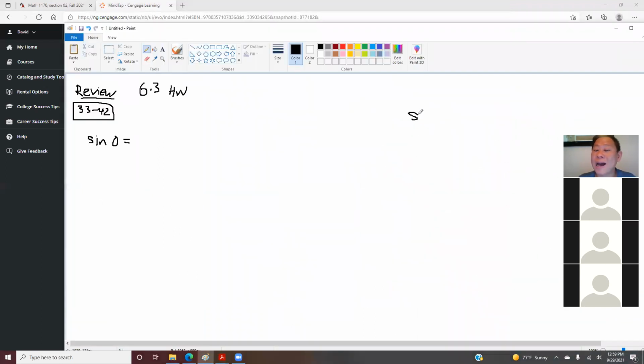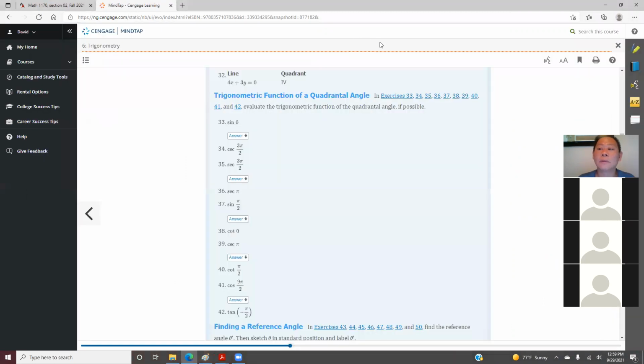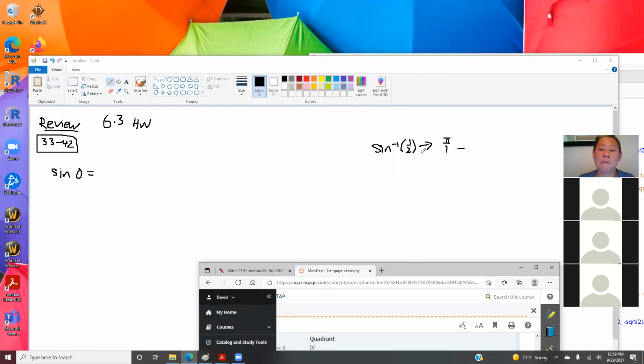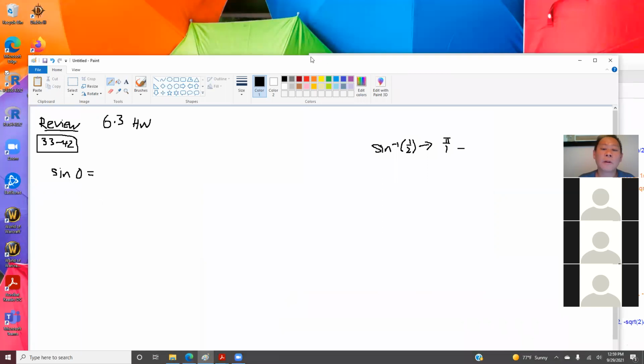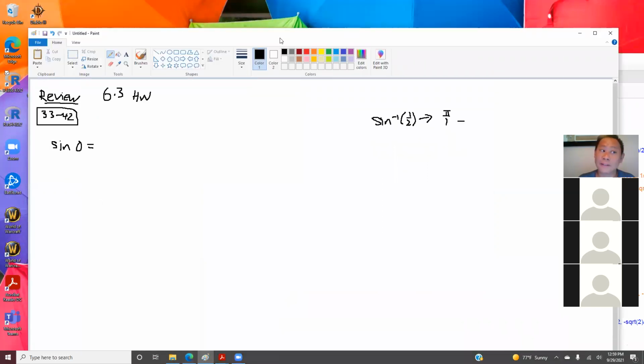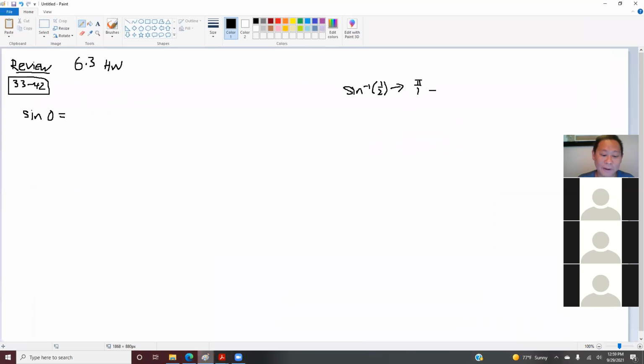Last time we did the arc sine of it. When I ask you for arc sine, then your answer is gonna be in radians, like pi over 3 and all these things, right? But this is not an arc sine. This is just sine. Is it 180 and 0? No. Never mind. Okay, so that's why I want to go over this with you guys.